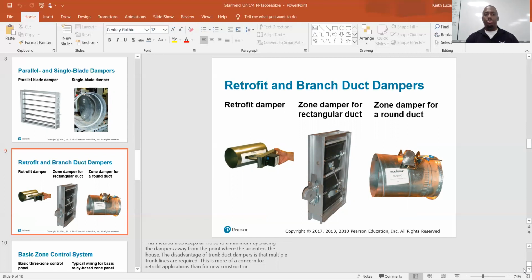So if there are multiple branches in one zone coming from that trunk, then that's fine. But let's just say in an office building, you've got 6 offices down this hall, and there's a branch duct or a branch zone that feeds all those offices.